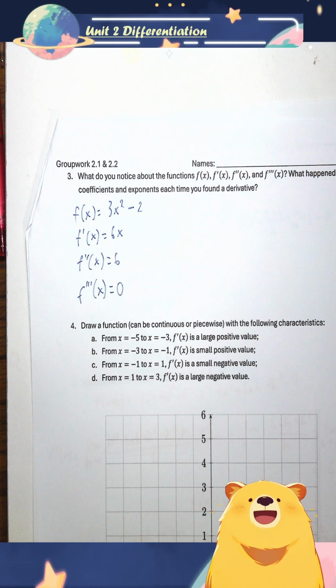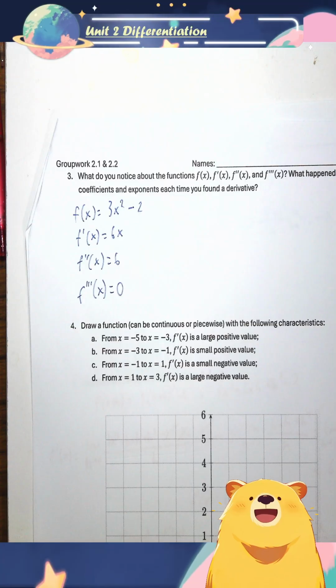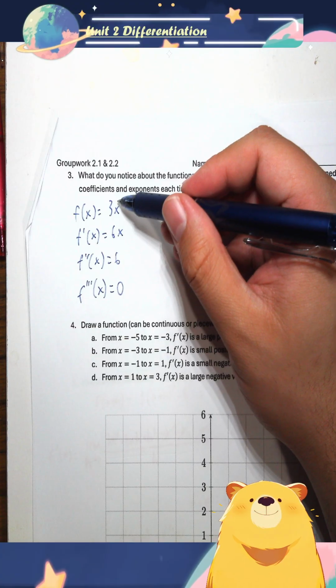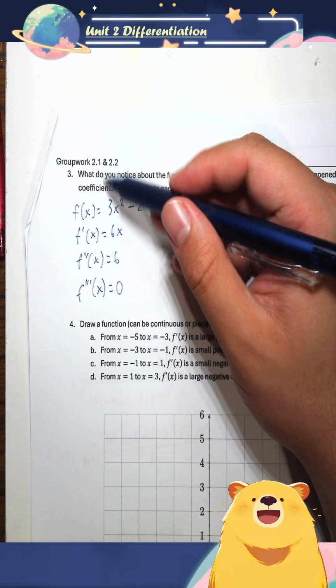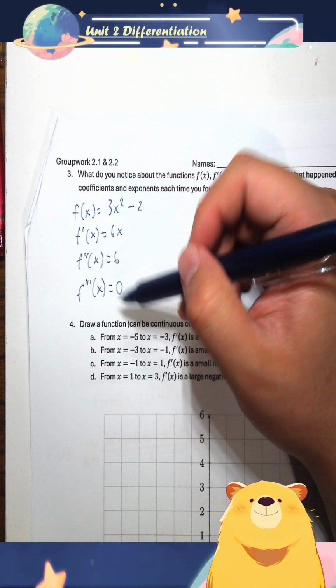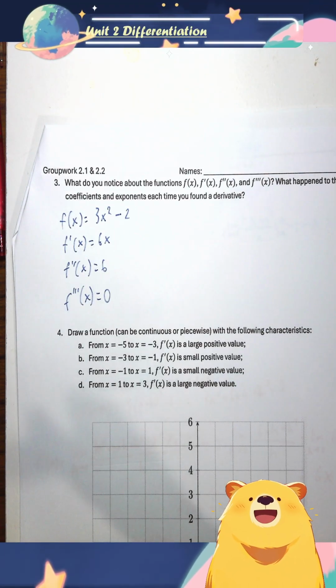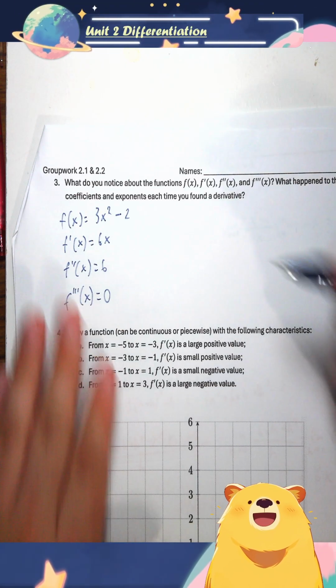Now, what do we see? You could have said a lot of things. You could have said that the numbers start to disappear, it decreases the power, or that the constant gets bigger. You're allowed to make those kinds of assumptions. I'm going to give you the answer, but technically this is an open-ended question.